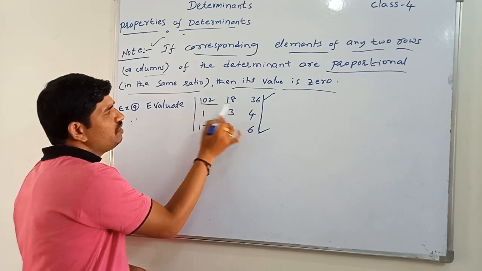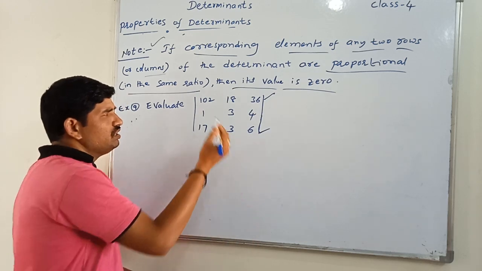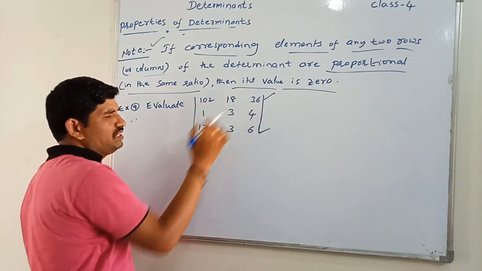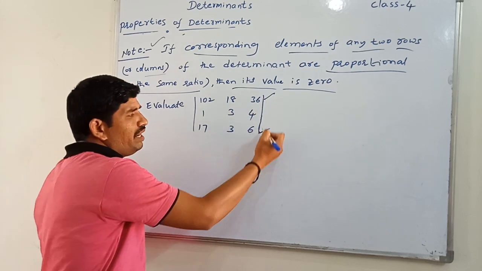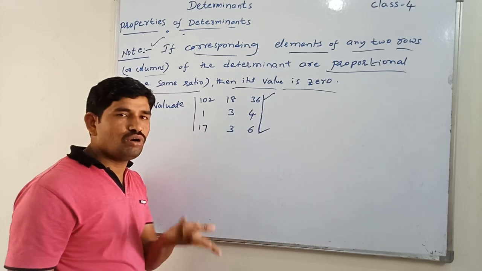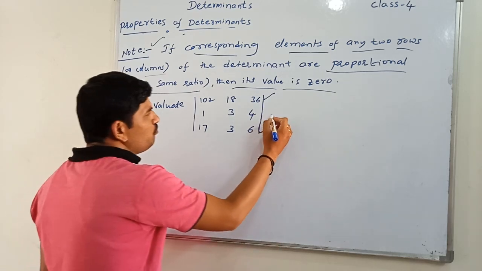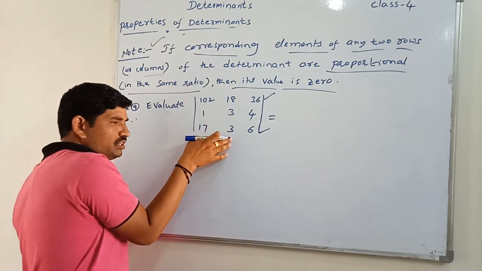Suppose this is the data in this first row. By taking the common factor from this, then in the resulting determinant the first row and third row are identical to each other, then the determinant is equal to 0. Okay, see, we will write the meaning of this note. I will explain from this example.